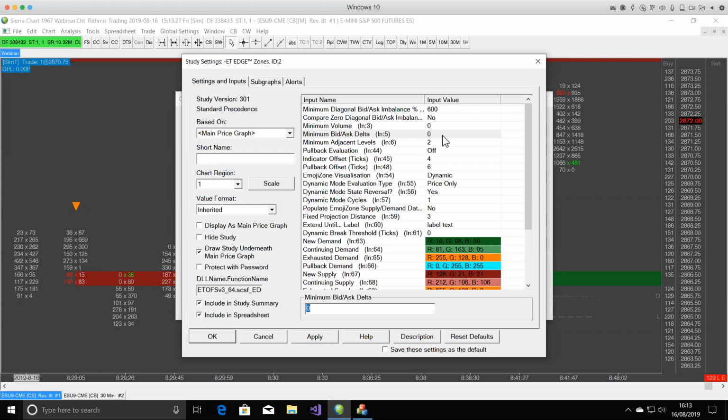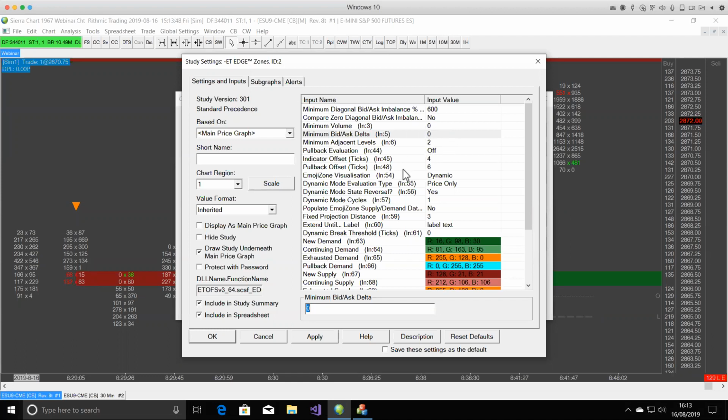In historic market delta terms, that was an input on CQG called min diff. But you can see we can really now start to fine-tune the volume parameters here, so that as well as looking at the relationship between the trading, you can put some absolutes in here to filter down spurious events.